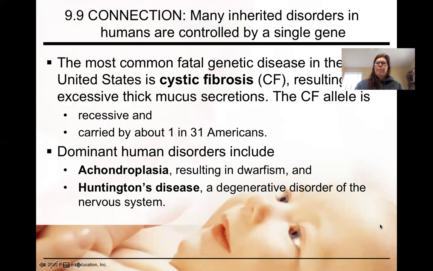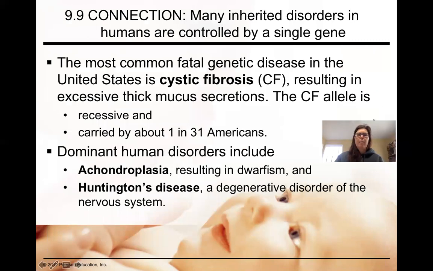So one of these examples that you may have heard of is called cystic fibrosis. Cystic fibrosis is a disease involving a salt transporter. It's a protein in the cell membrane, and it allows for salt balance, so homeostasis with our salt concentrations.